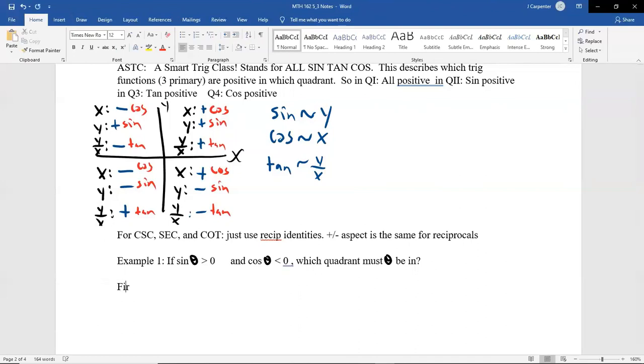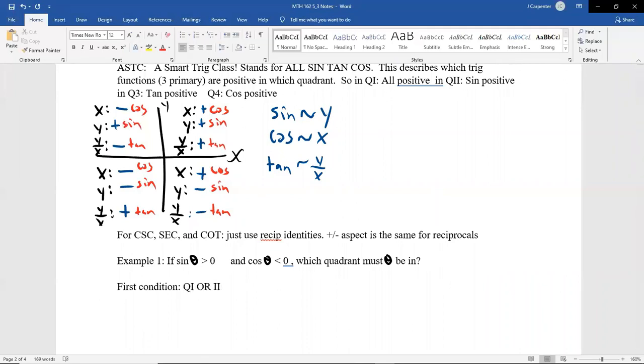So that first condition, if sine of theta is positive, that says we have to be in quadrant 1 or in quadrant 2. And again, the reasoning behind it is sine is tied to y. Essentially, y is going up in quadrants 1 and 2, which makes it positive. So the first condition says it's in quadrant 1 or 2.